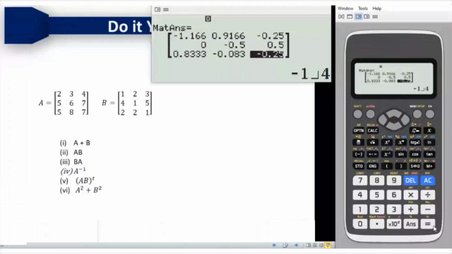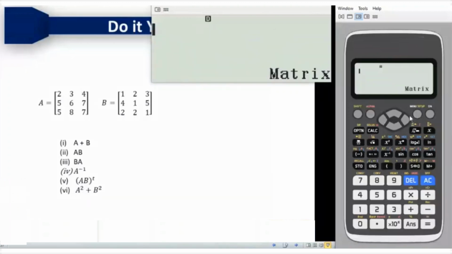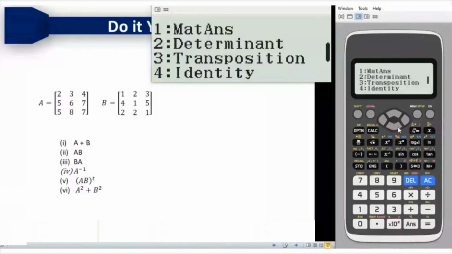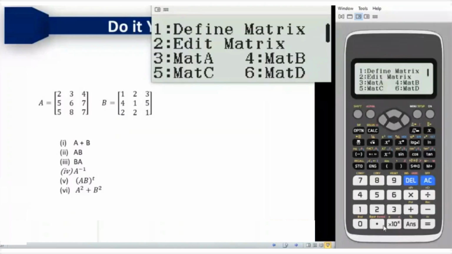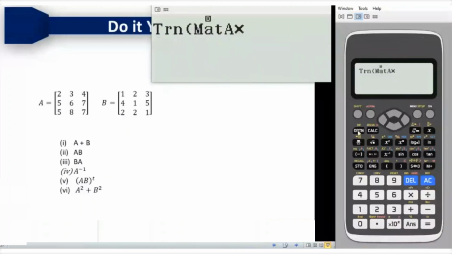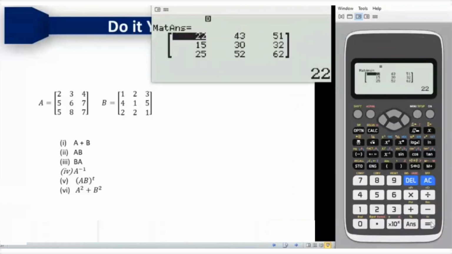Then there is the transposition matrix of AB. So we will press option, scroll down, press 3, and press option A, that is 3, multiplied by option B, that is 4. And we'll close the bracket. Do not forget to close the bracket. Press equals to, and the result is 22, 43, 51, 15, 30, 32, 25, 52, and 62.